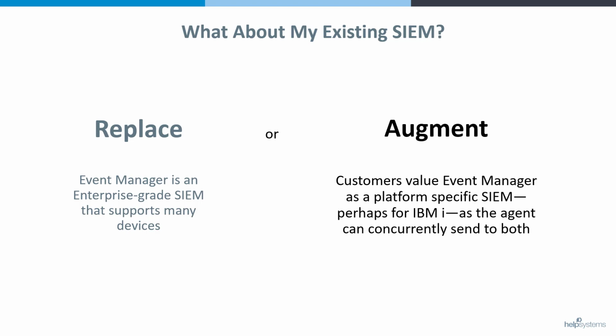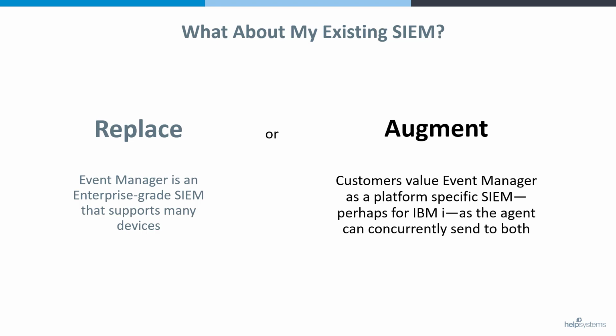If you're perfectly happy with your SIEM and you love the solution, then I respect that entirely. The question then becomes, do you want to feed the data exclusively to that? I've listed it here as augment. One of the common conversations that we're starting to have is that customers do value that they have a platform-specific SIEM at their disposal. In this instance, because SIEM Agent is capable of sending to multiple outputs concurrently, this is actually a very viable way to go.